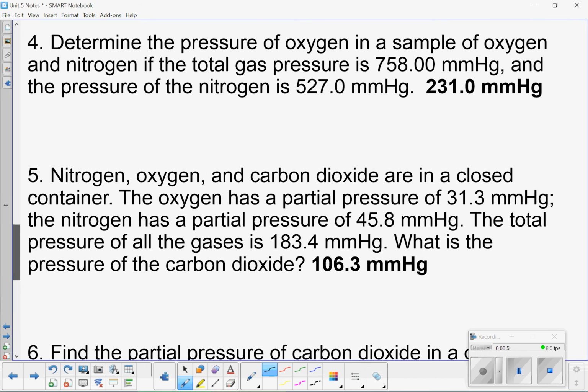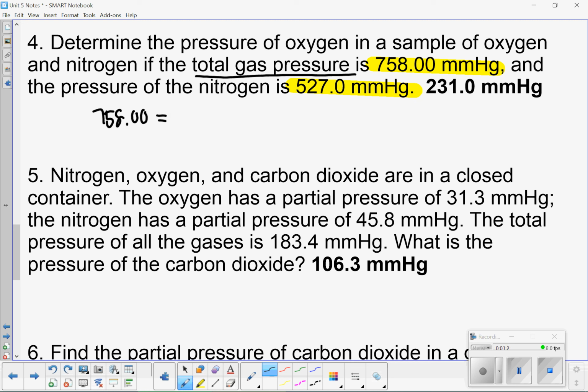Let's try number 4. Again, if I peek through, I can pull out some numbers that might be helpful. The question says determine the pressure of the oxygen. Again, that's not the whole thing. The pressure of the oxygen is just the partial pressure. It tells me the total gas pressure was 758.00.